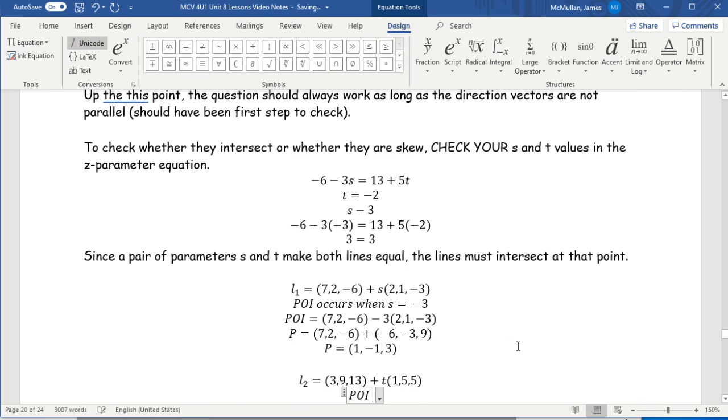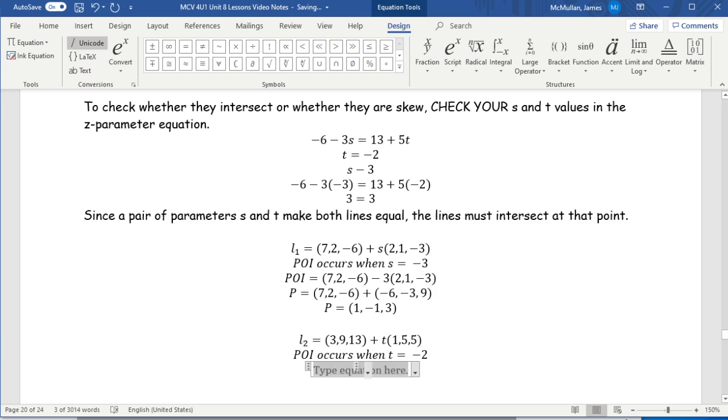We said POI occurs when t equals negative 2, so P would be equal to 3, 9, 13 plus negative 2 times 1, 5, 5. So P is equal to 3, 9, 13 plus negative 2, negative 10, negative 10.